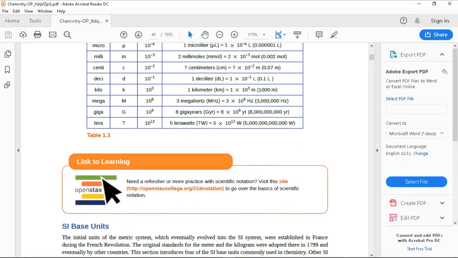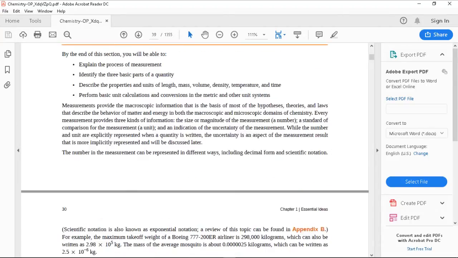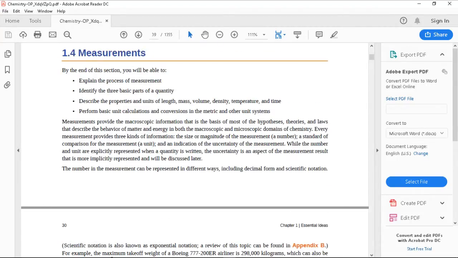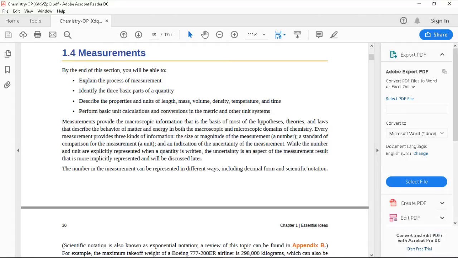Or actually, was it all the way down here? Anyway, here we go. I guess this could be like a last time on self-learn. Last time in chemistry lab session 4, or one of the session 4s.